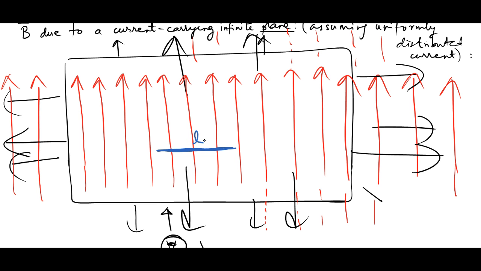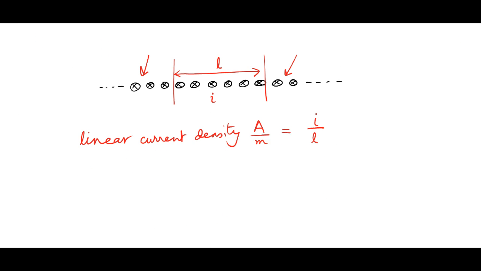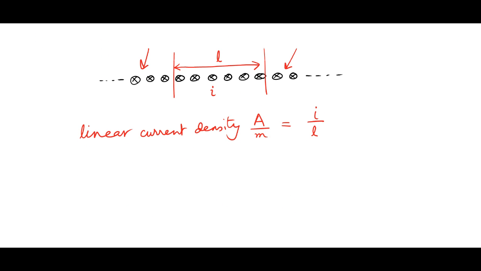Its length is L. So what he is measuring actually is the current which is flowing across this line, and that's what I call I, and the linear current density is then I divided by L, and naturally I is in amperes, L is in meters, so the linear current density is in amperes per meter.